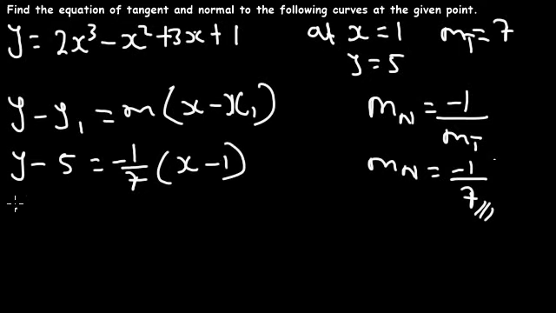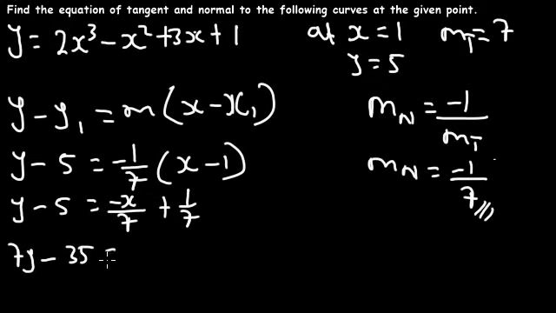Now expanding the bracket, we have y minus 5 equals -1 over 7 times x, that's -x over 7. Then we multiply with -1, we have +1 over 7. Now we can multiply all through by 7. Then we have 7y minus 35 equals -x plus 1.